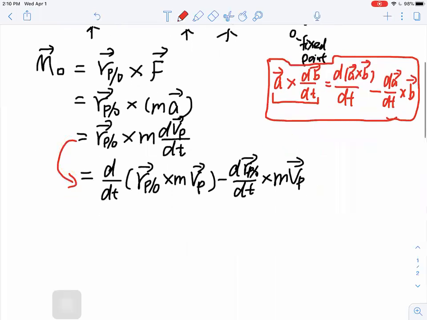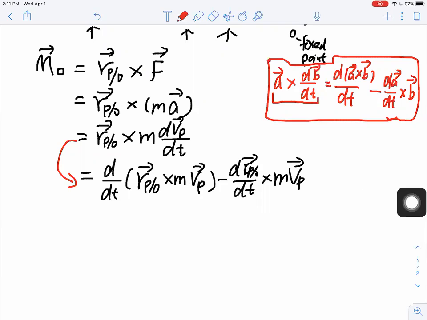Okay, and if you look at what we have so far, leave the first term alone and look at the second term here. What is dr_P/O over dt? This r_P/O is a position vector, a kind of distance, right? So you take the first derivative of distance with respect to time. What is that?